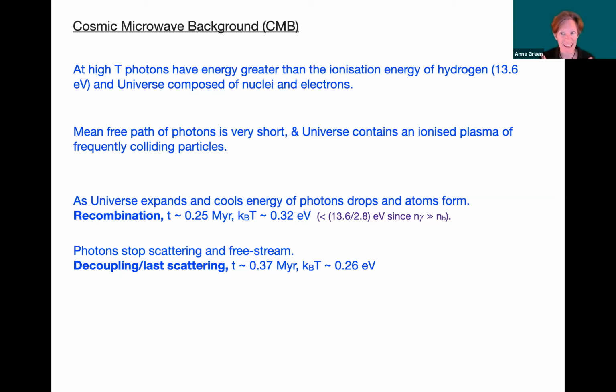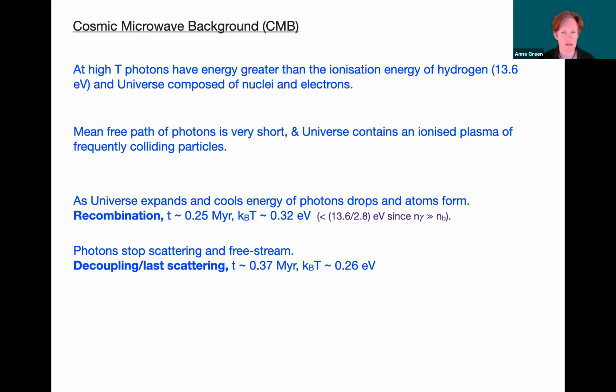This temperature is a little bit lower than you might naively expect based on the ionization energy of hydrogen, i.e. 13.6 eV, and the mean energy of the individual photons. Once the universe becomes neutral, shortly after that, the photons stop scattering and they just free stream through the universe.